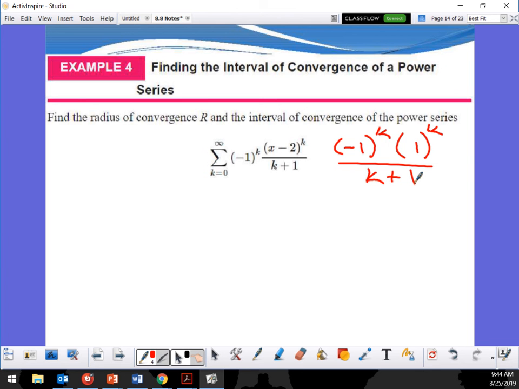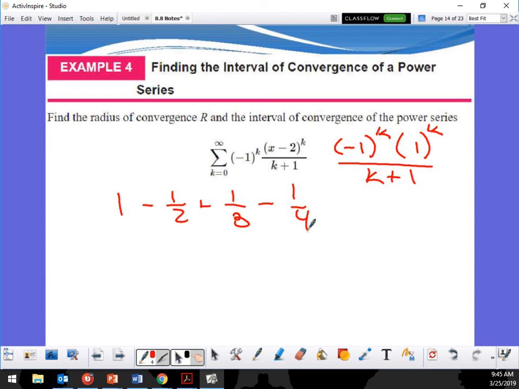Because it's alternating, the terms are coming down with 1 over k. Starting at 0, it keeps getting smaller and smaller, and they're alternating back and forth in between.